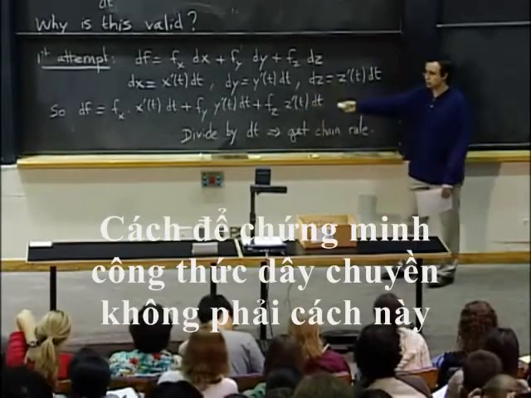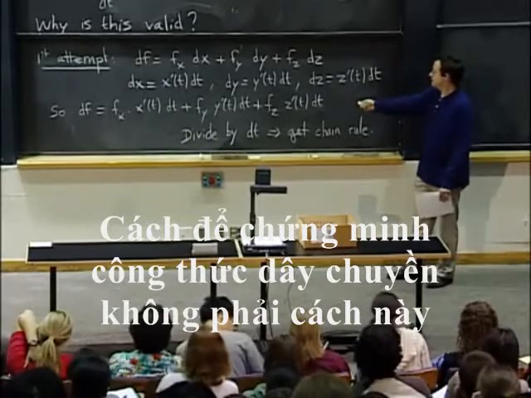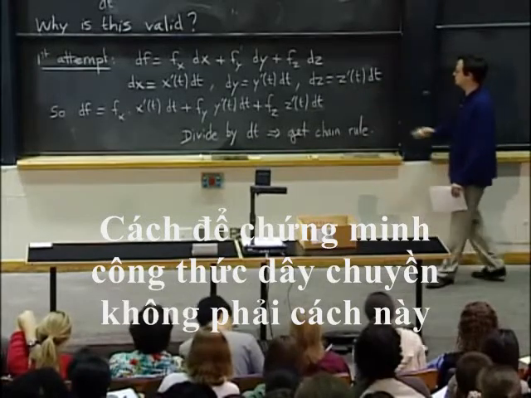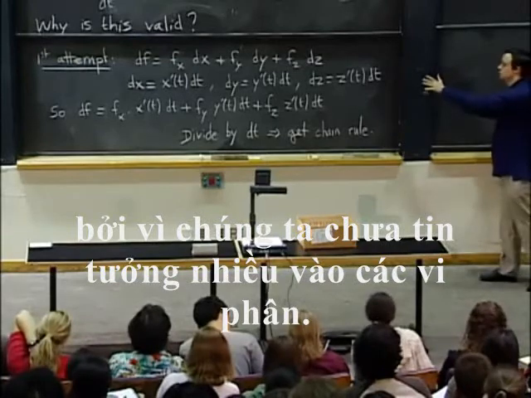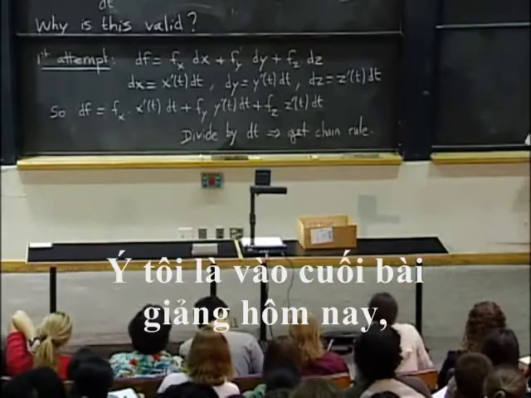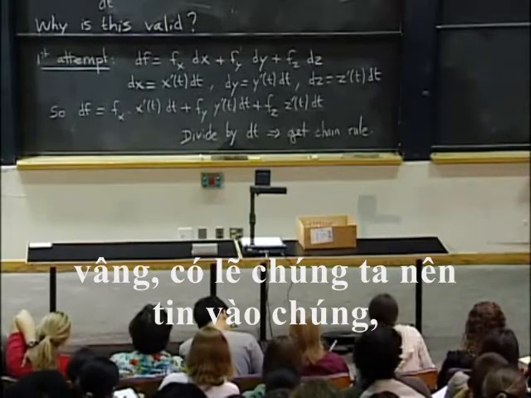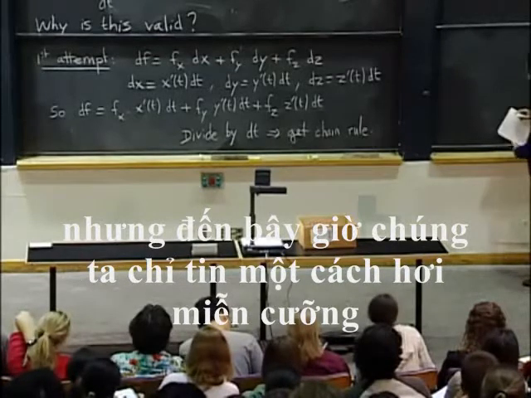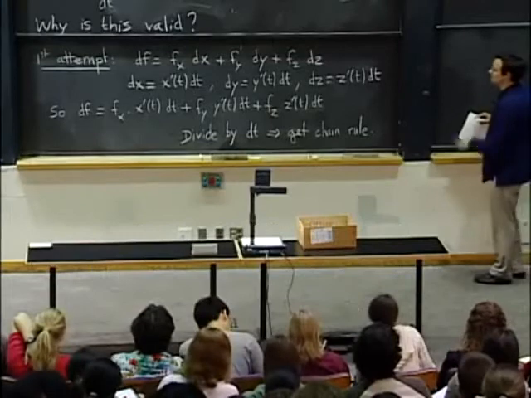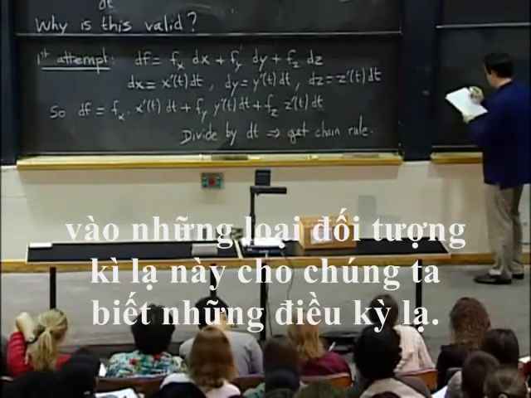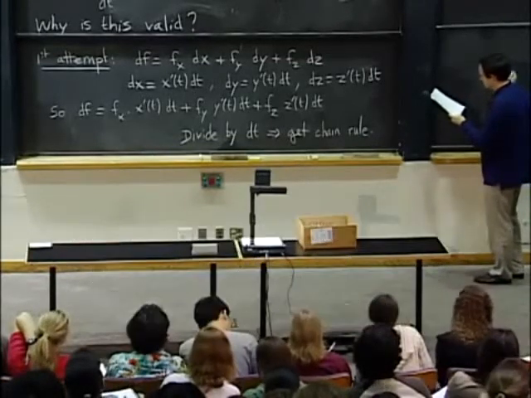The way in which you prove the chain rule is not this way. Because we shouldn't have too much trust in differentials just yet. I mean, at the end of today's lecture, yes, probably we should believe in them. But so far, we should still be a little bit reluctant to believe this kind of strange objects telling us weird things.